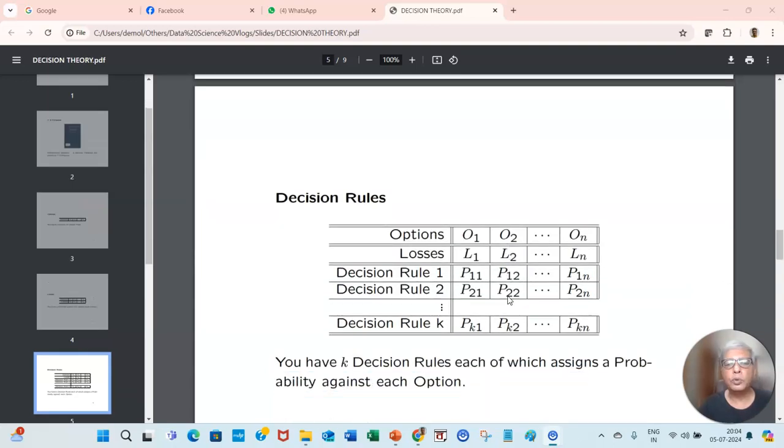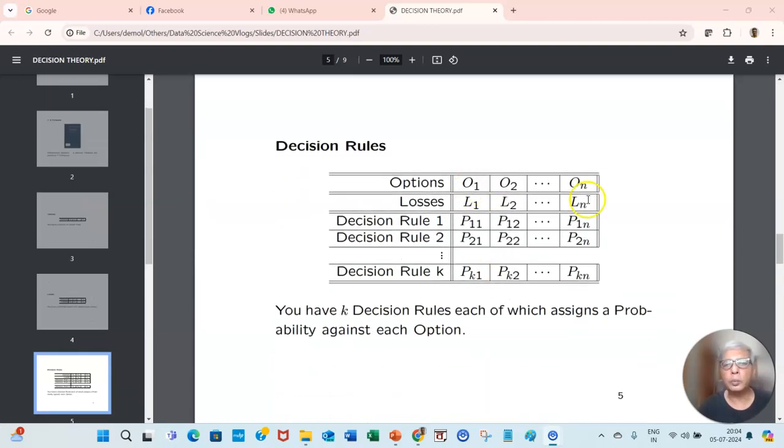Now we are supposed to choose one of the options. Now let me look into it in this way. We have several decision rules: decision rule 1, decision rule 2, decision rule K, which specify probabilities over the options, and these probabilities can be 0 or 1 also. So that way you are considering a discrete choice of O1, O2, On.